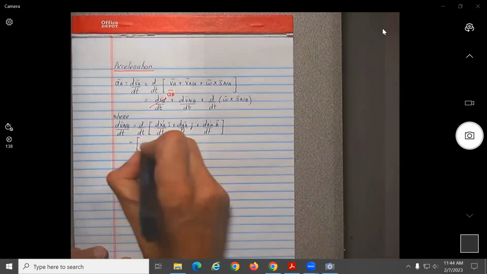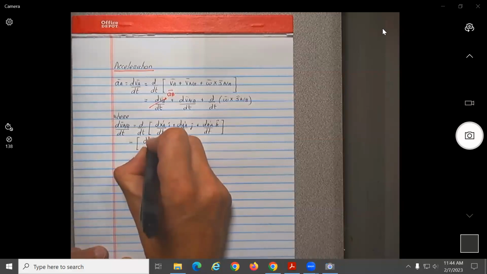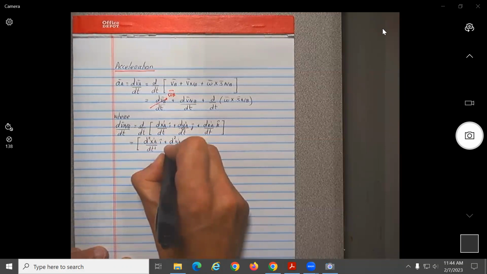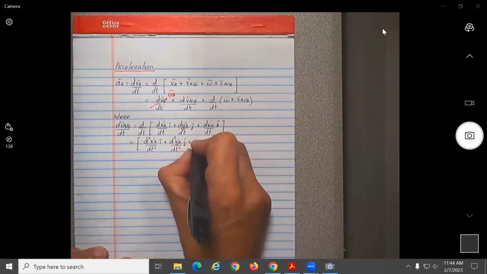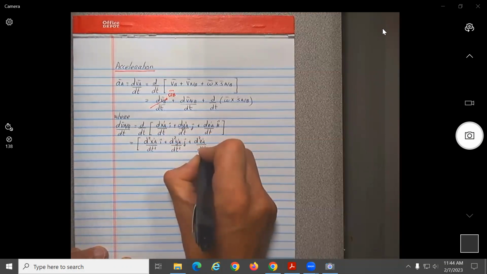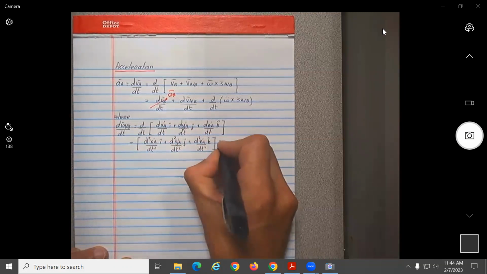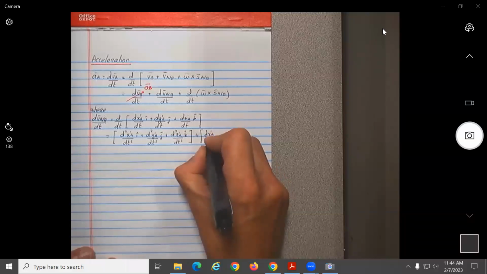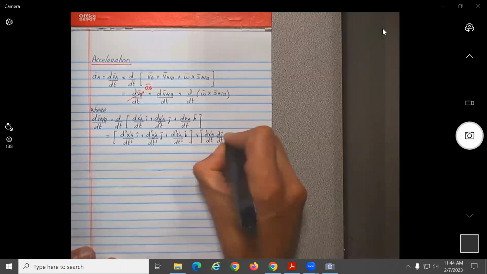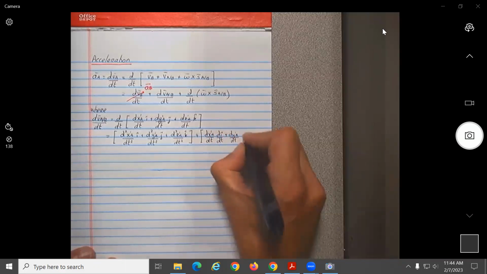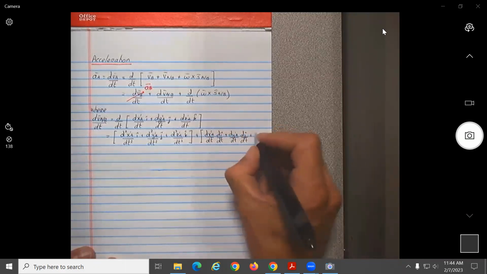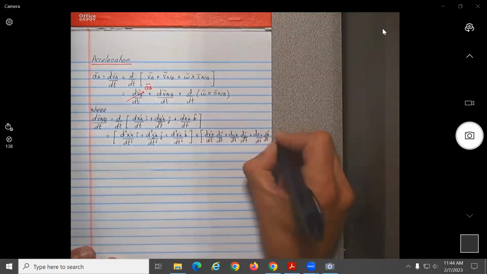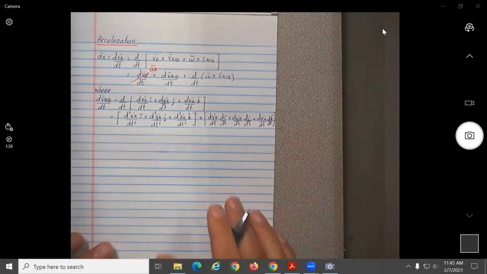So this will be equal to the second derivative of x'A with respect to t squared, i, plus the second derivative of y'A, j, plus the second derivative of z'A, k, plus dx'A/dt di/dt plus dy'A/dt dj/dt plus dz'A/dt dk/dt.